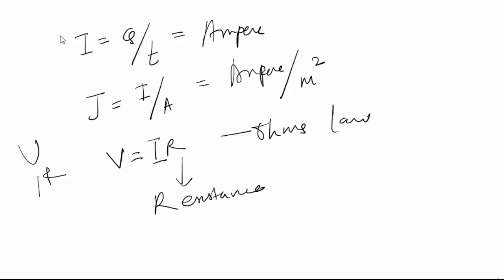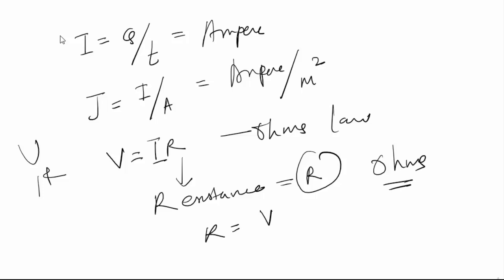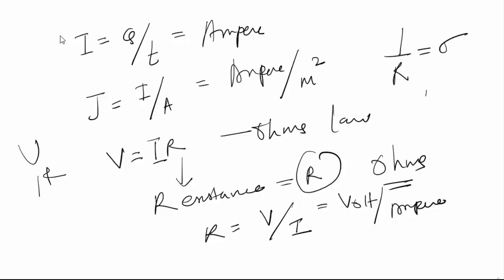Resistance, a new quantity, has the unit ohms, and the resistance can be given as V divided by I, which is also volt per ampere. The inverse of resistance is known as conductance, which has the unit mho.